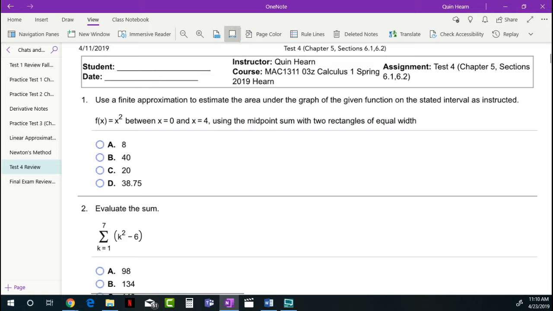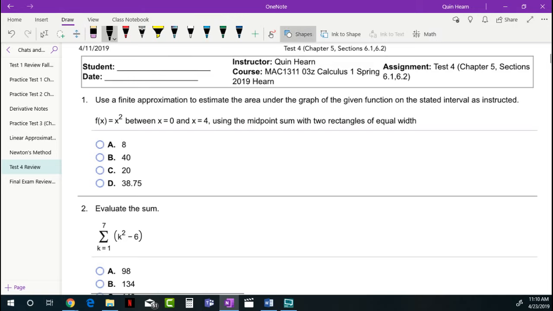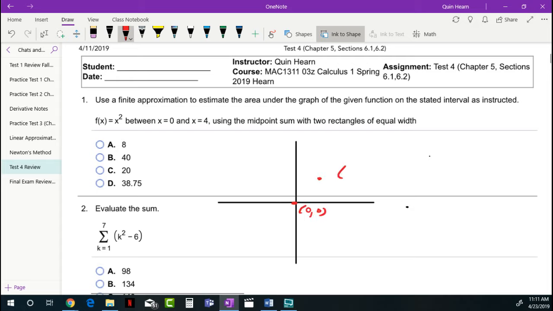So I'm going to go ahead and draw that so we can visualize it. Okay, so x squared, you know, is a parabola, and it goes through the key points (0, 0), (1, 1), and (negative 1, 1).